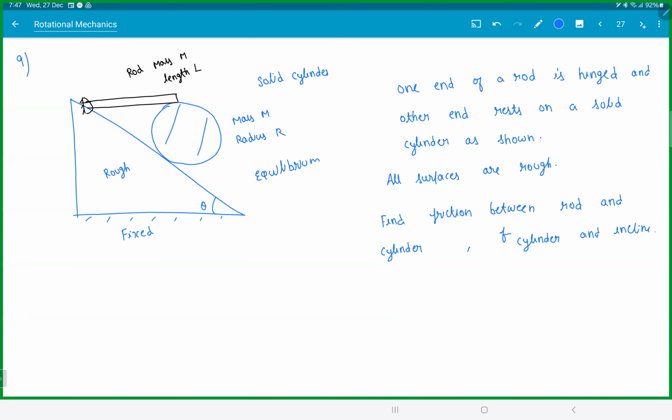Remember the steps. Draw an FBD, force equations, torque equations, choose a suitable point, solve. Here it will matter which point you're taking. If you can take a proper point, it will make your life easy. You take some other point, you'll get more equations, but you'll be able to solve. Try.